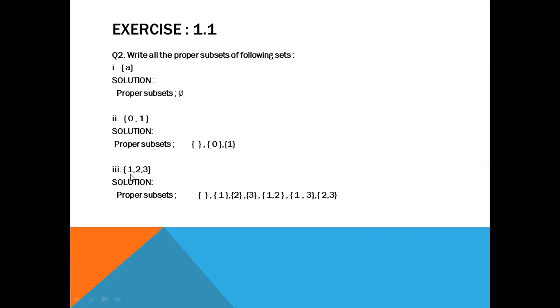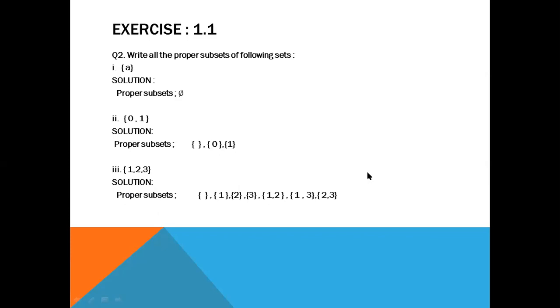Then in the third part, 1, 2, 3. Again, I told you we will always start the subsets from the null set. First null, then singleton 1, then singleton 2, then singleton 3, then the pairs of 2 elements of the set: 1, 2, then we make the pair 1, 3, and then 2, 3.